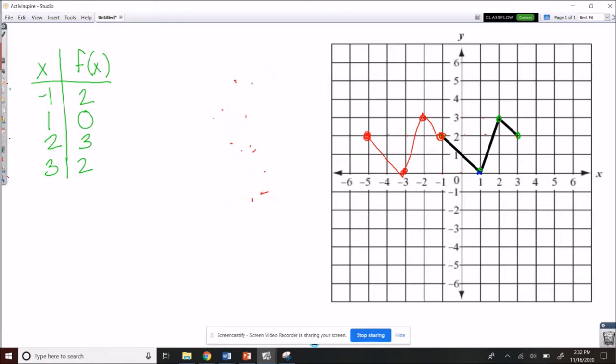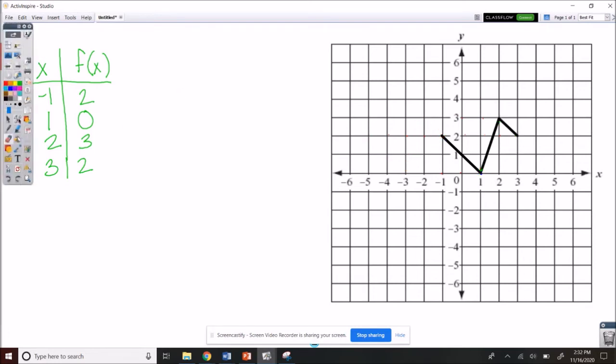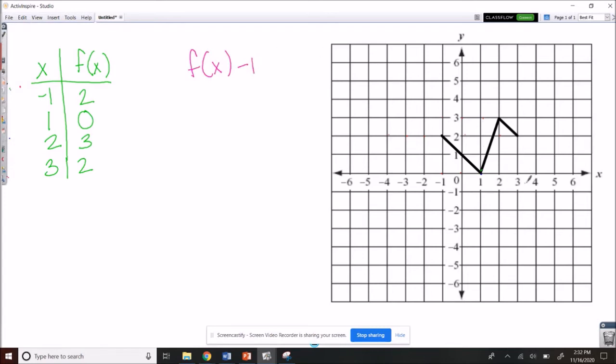And let's now go to a vertical transformation. So a vertical transformation is going to move us up and down. And this time we're going to see it written out where it is on the outside. So it's going to look like this: f of x minus 1.